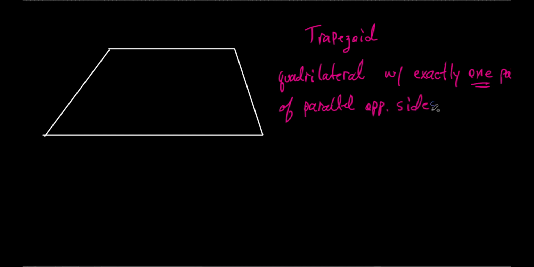All right. That shouldn't be too hard to figure out. It's a quadrilateral, 4 sides. Does this thing have 4 sides? Yeah. It says exactly 1 pair of parallel opposite sides.